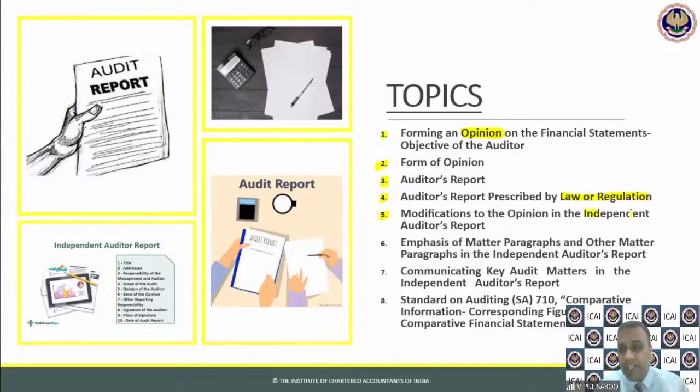Why is it called independent auditor's report? Anyone? I usually call it IAR, Independent Auditor's Report. So why is it called Independent Audit Report? What is the significance of the term independent? Anyone?